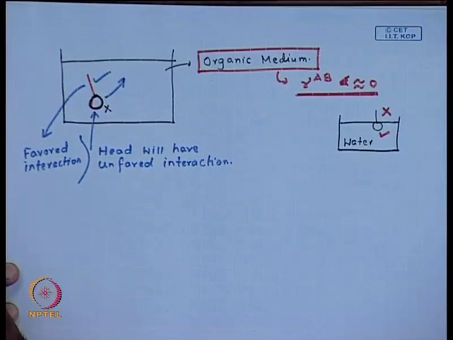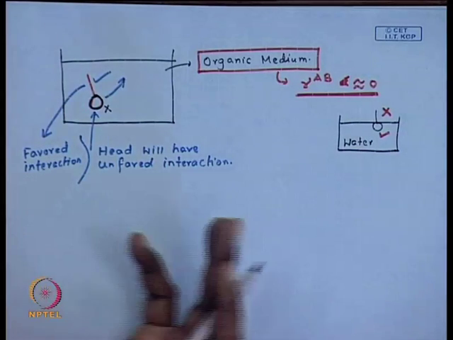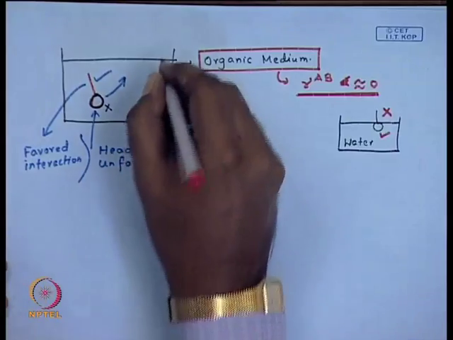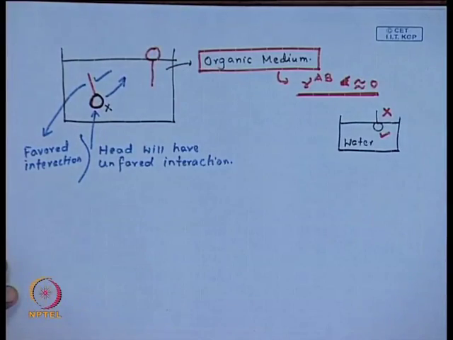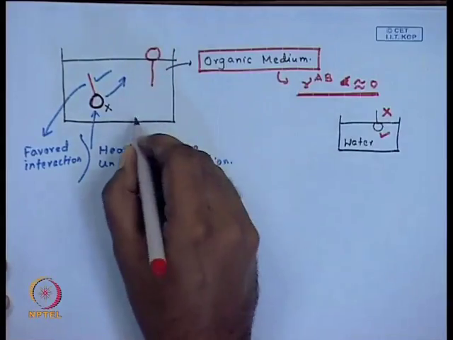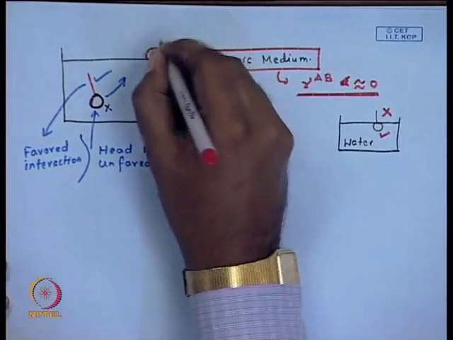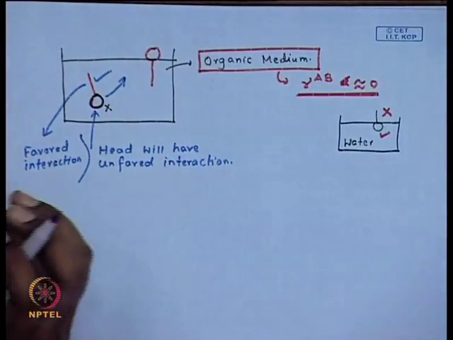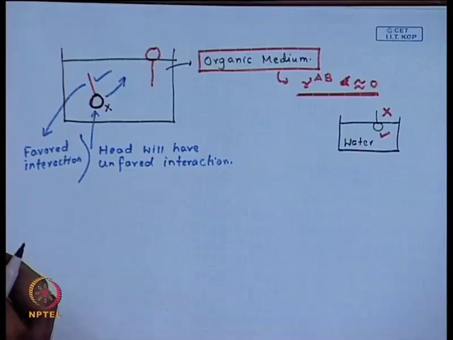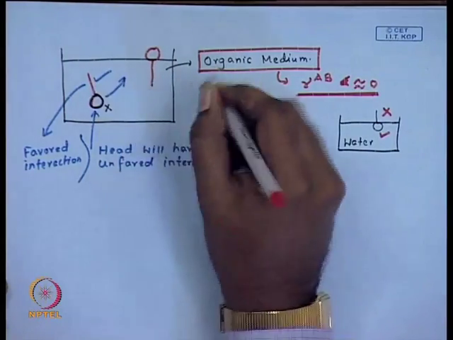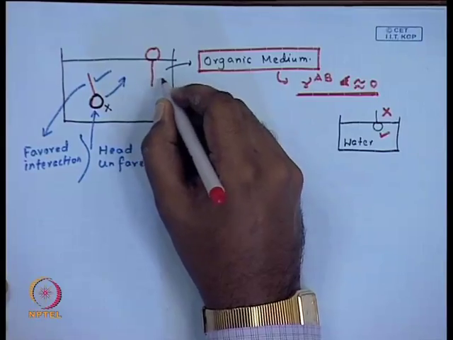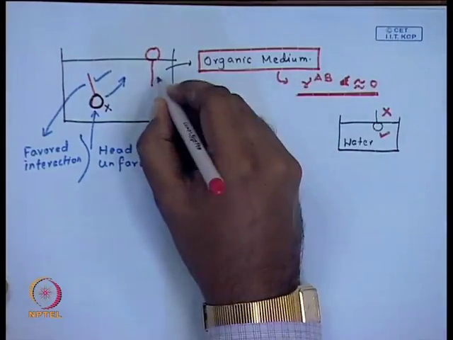Okay. So, following that logic, if I ask you to now predict the likely morphology or likely orientation of a surfactant molecule at the interface, probably you have got it right, it will be like this. From an organic medium, the head prefers to remain exposed to air and the tail, which has a favored interaction with the organic medium, remains happily in contact with the medium.